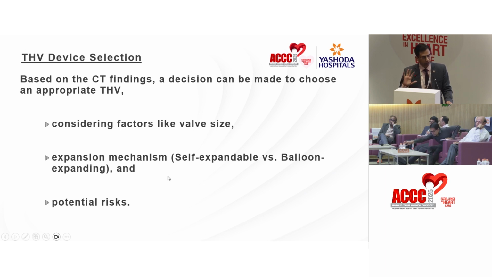So there is a rule of thumb that if you are going for a balloon-expandable valve, the valve should be not more than 5 to 10% oversized. If it is a self-expandable platform, the valve sizing should be not more than 10 to 20% oversizing. So that is a thumb rule when choosing between a balloon-expandable or a self-expandable platform. And definitely you can anticipate the rest.